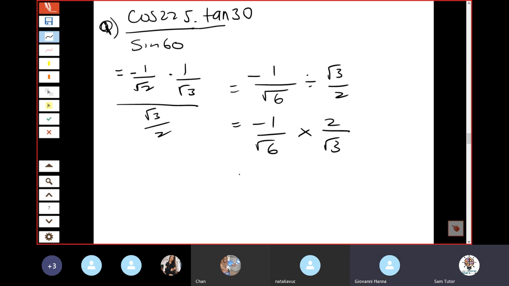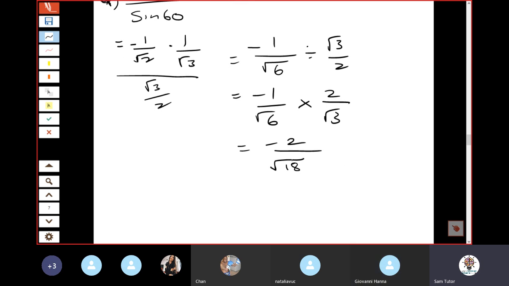Oh, yeah. -2 on root 18. And then because we know square root of 18, you can simplify it to root 9 is 3, root 2. Okay? Yep.